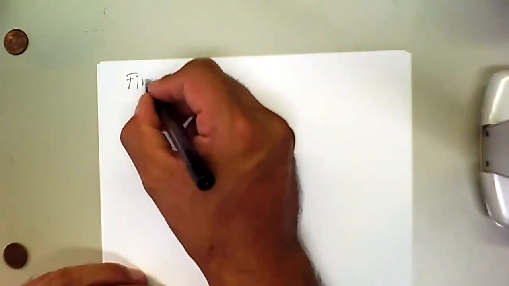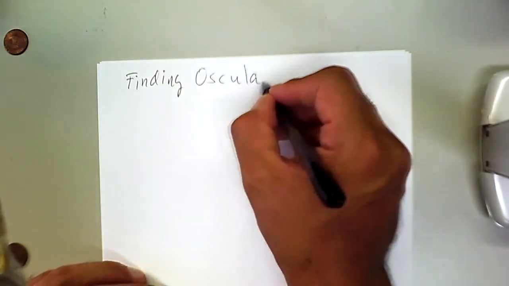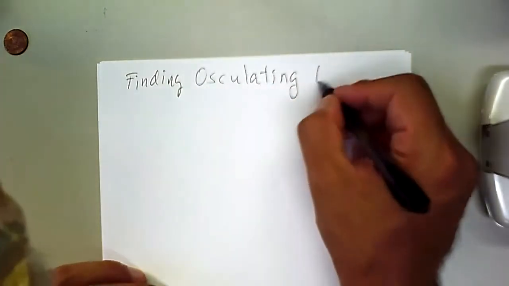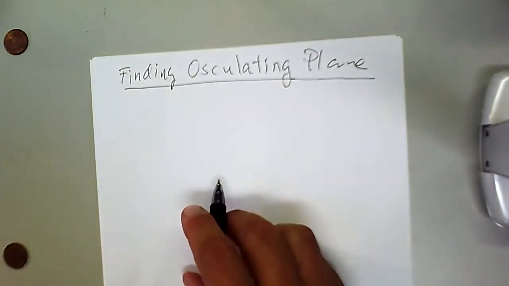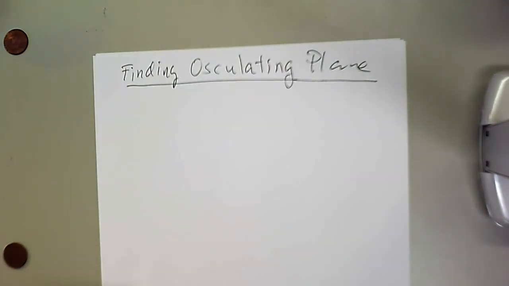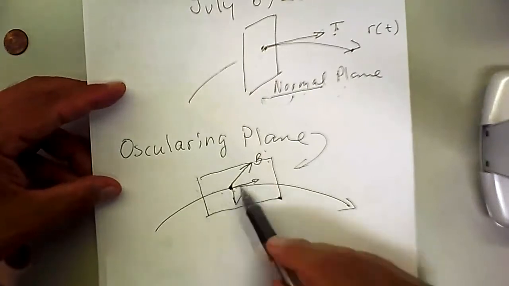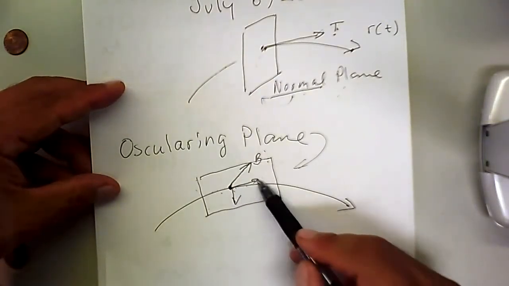So now we want to find the osculating plane. We're still in example 1. So in order to find the osculating plane, we need, so there is the osculating plane. The tangent vector goes on the same plane.